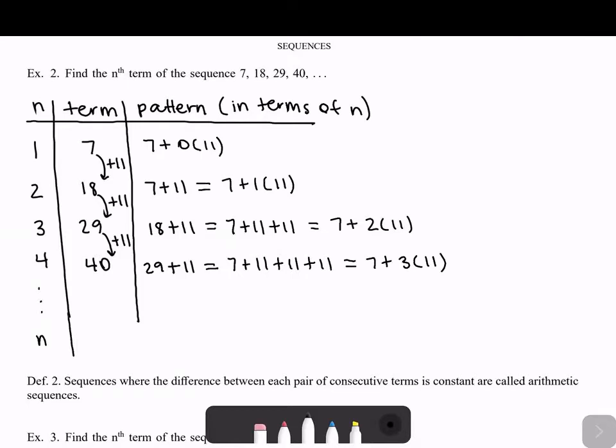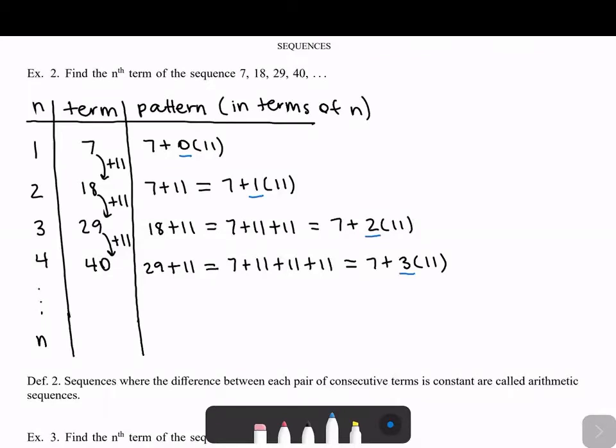So now we can get a general pattern, because we need something that we can plug our n value into and get the term. So we need a pattern where things are fixed, but only one thing changes. The only thing that changes in these expressions is how many times 11 is added to 7.